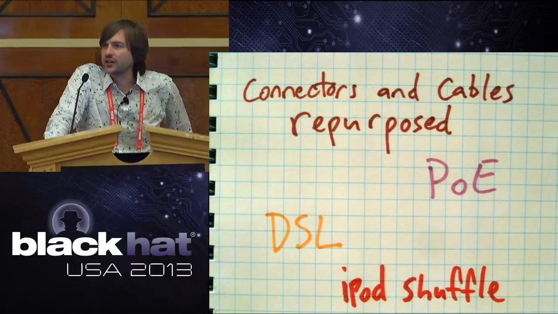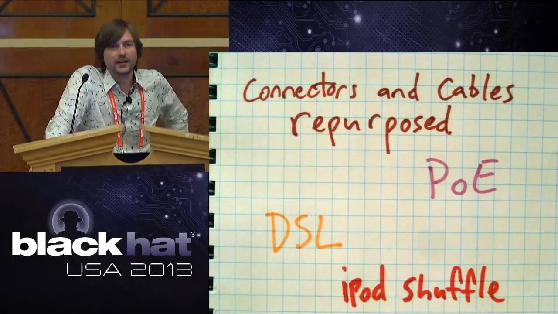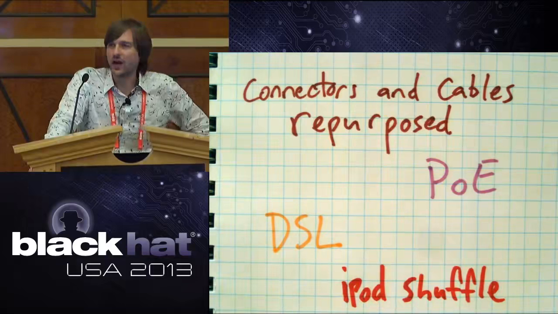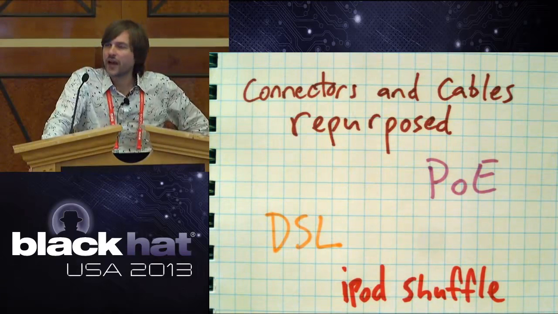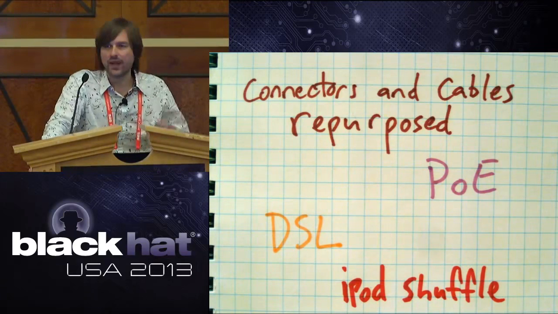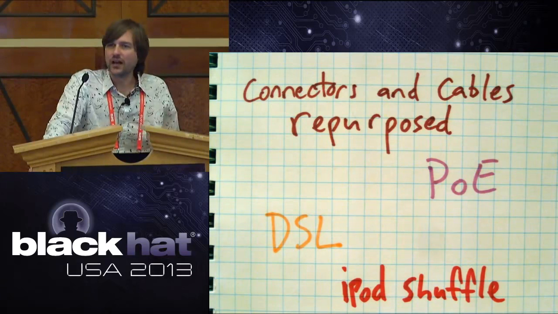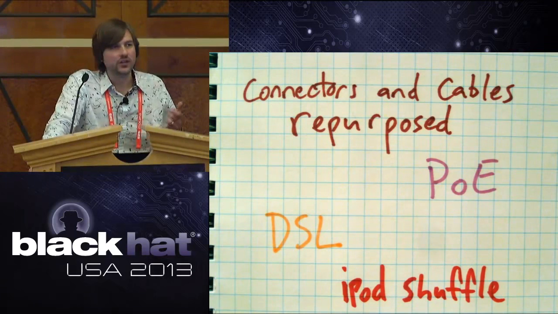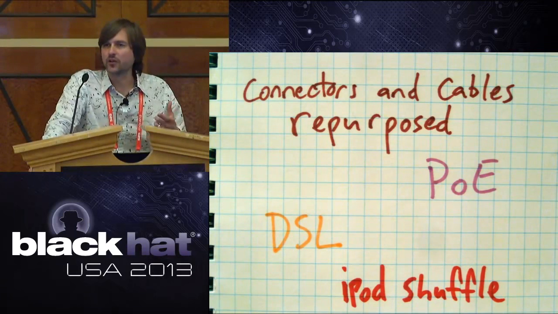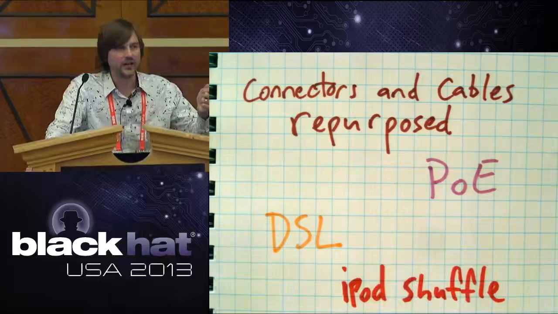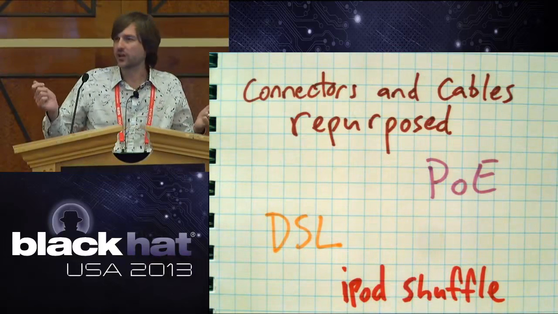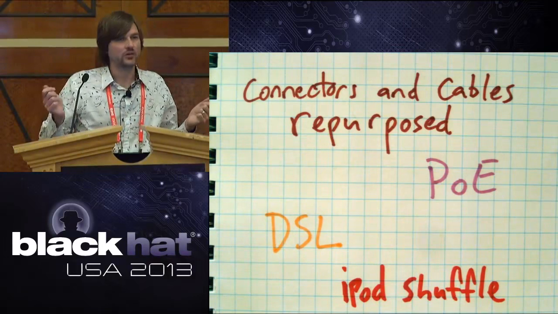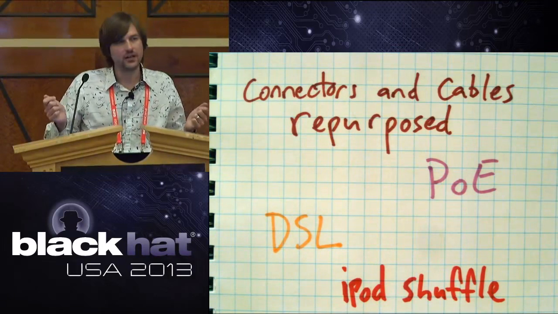Another interesting example that I like to point out is the iPod Shuffle. The first one, and certainly later ones, have USB implemented over the headphone jack. If you buy a Shuffle, it comes with a special USB cable that has a USB-A connector on one end and a TRRS, a four-conductor audio plug, on the other end.